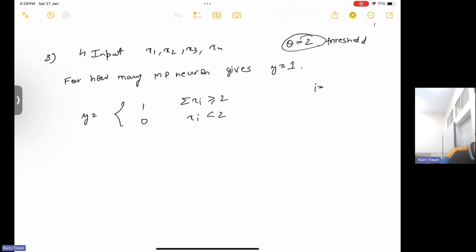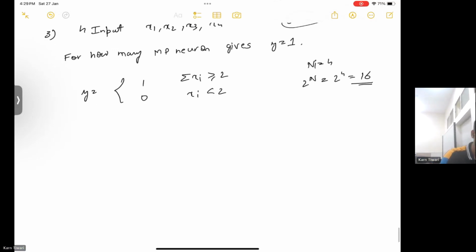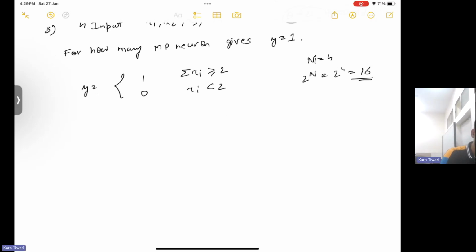As n equals 4, meaning the total number of inputs is 4, 2 to the power 4 equals 16 combinations are there. Now it's asking for how many inputs the MP neuron gives 1. The threshold is 2, so at least 2 of them should be on.